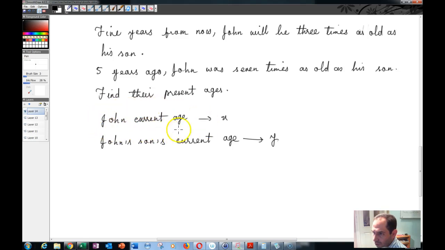So basically 5 years from now, John's age is going to be, if John's current age is X, then his age 5 years from now is going to be X plus 5.